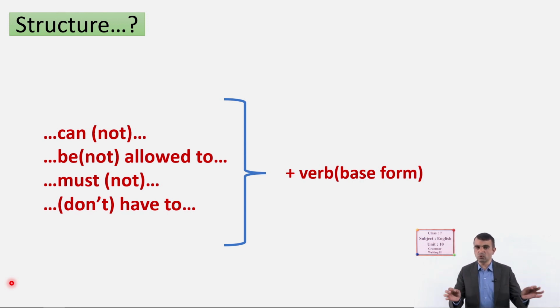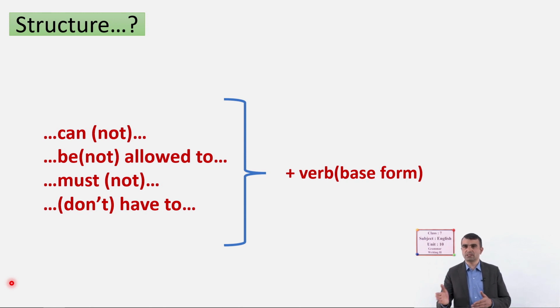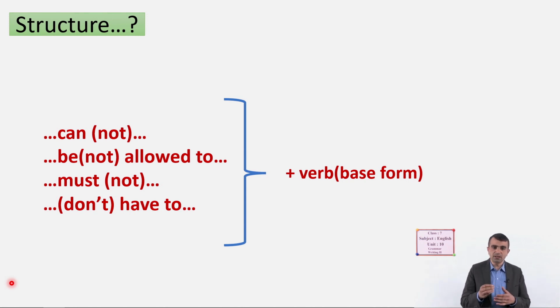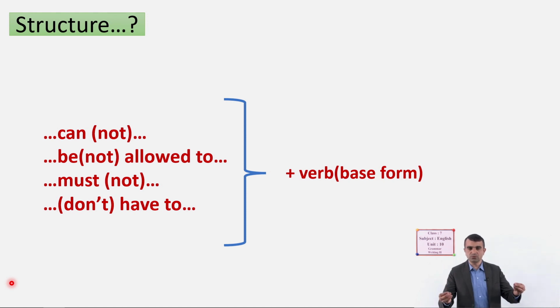Can or cannot plus base form of verb, what we call verb 1 as well. Similarly, be allowed to, are allowed to, is allowed to plus base form of verb, must or must not plus base form of verb, and don't have to plus base form of verb. And we can use have to plus base form of verb as well.